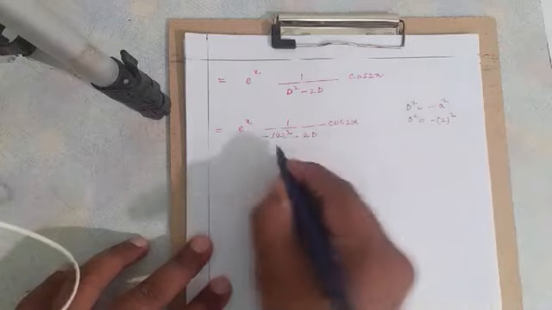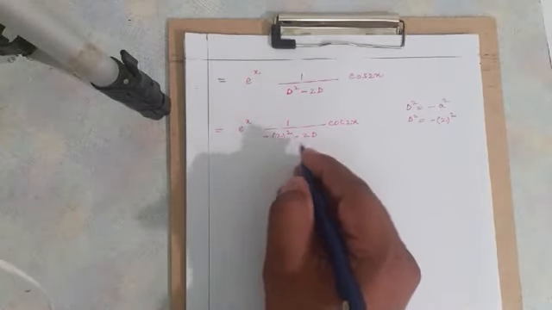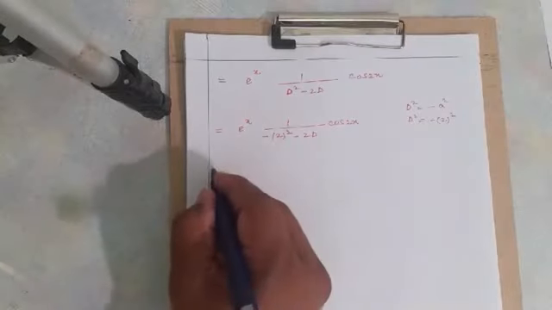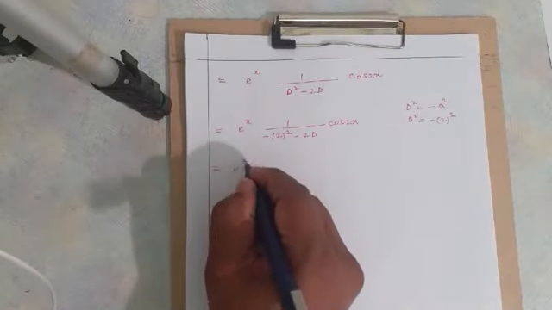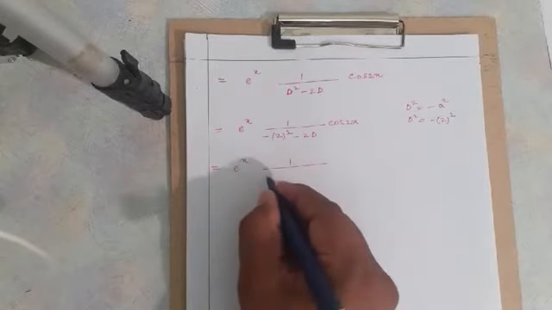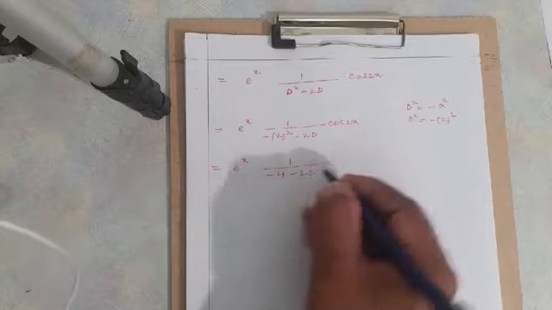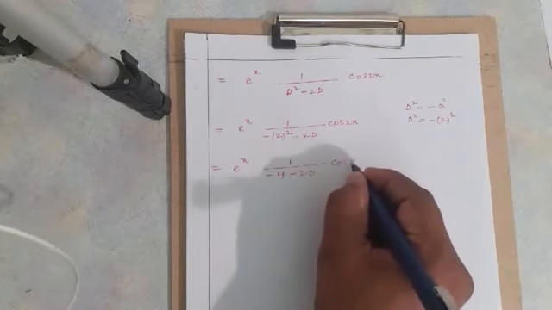In the place of D square I am writing minus 2 square, minus 2D cos 2x. This is equal to e power x into 1 upon, now 2 square is nothing but 4, so I can write minus 4 minus 2D into cos 2x.